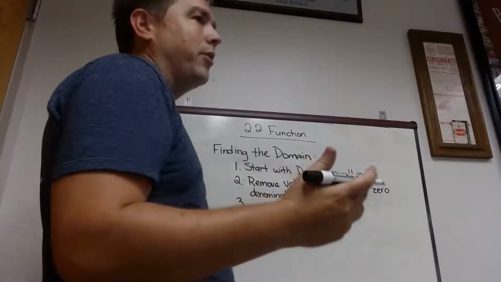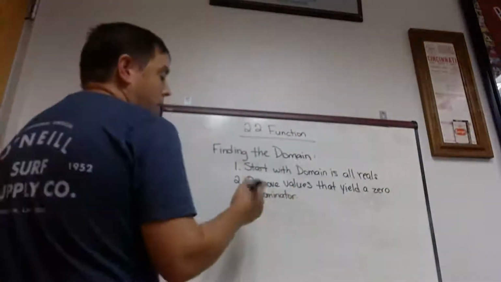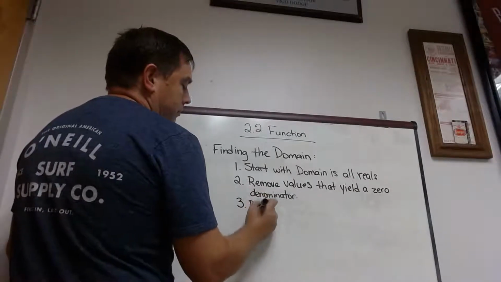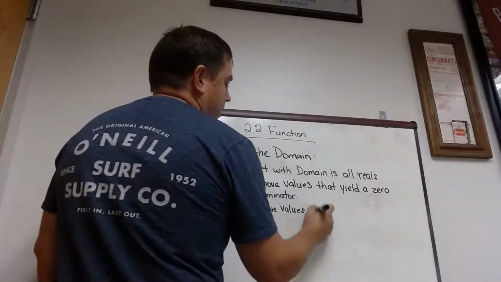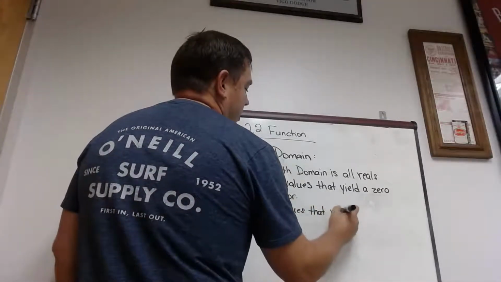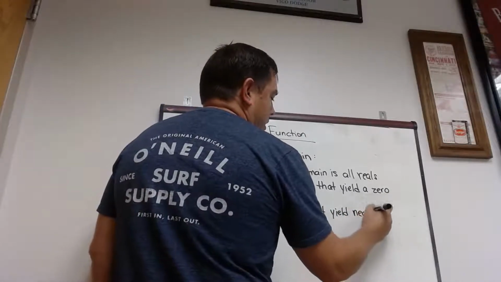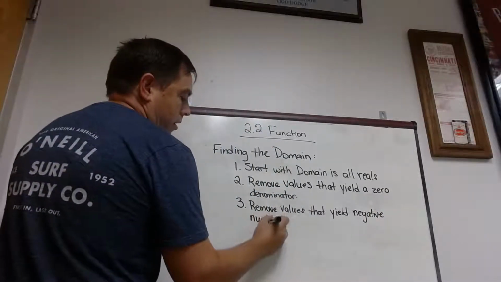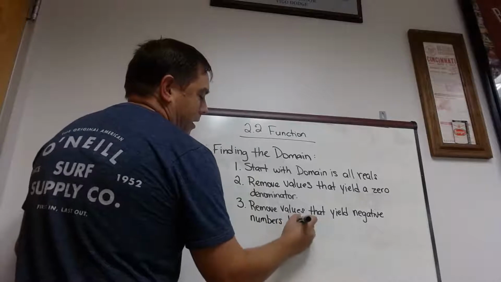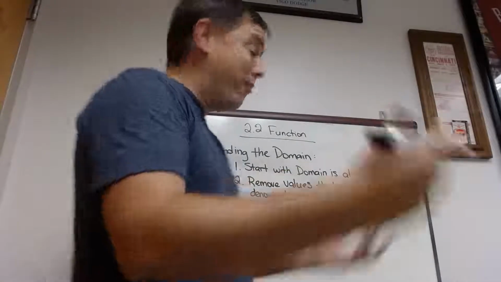What is the other thing we can't do in this class? We cannot take the square root of a negative number. There are some classes where you can do that. This is not one of them. All right, so we need to remove values that yield negative numbers beneath, I could say square root radicals, but it's actually any even rooted radical.